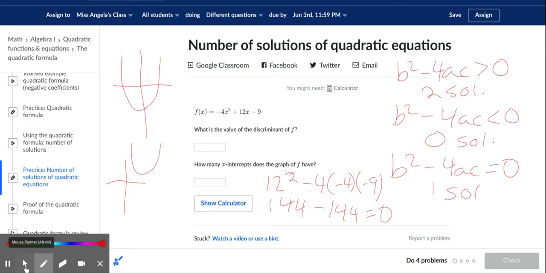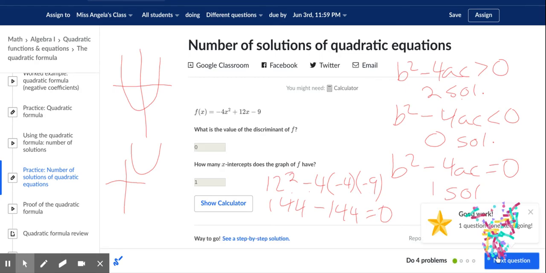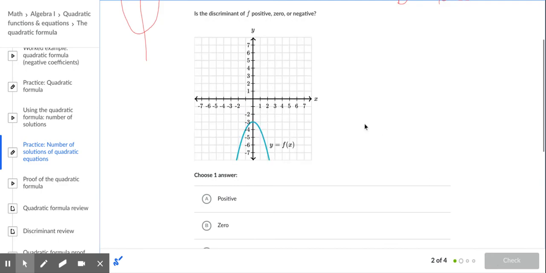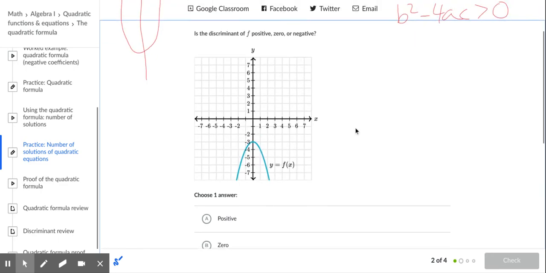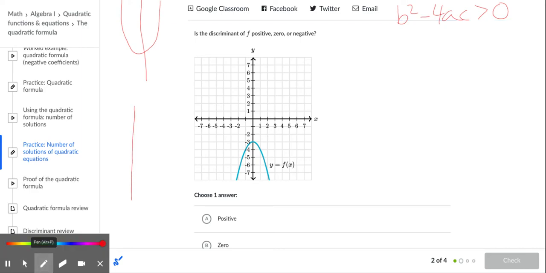Discriminant was 0, so that's one solution. I forgot to show you a picture of what that one solution looks like. So if it's just one solution, the discriminant is 0. This is where you barely touch the x-axis and then it goes off again. So it touches the x-axis at one point and goes off again.